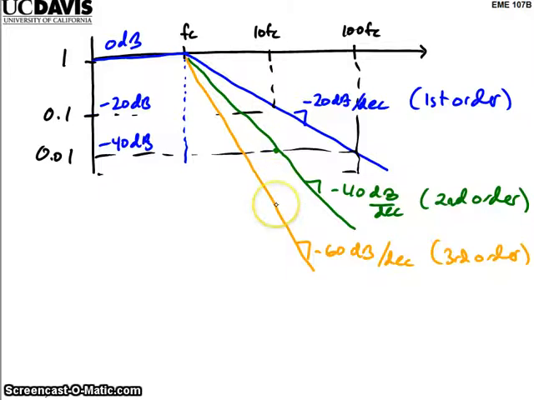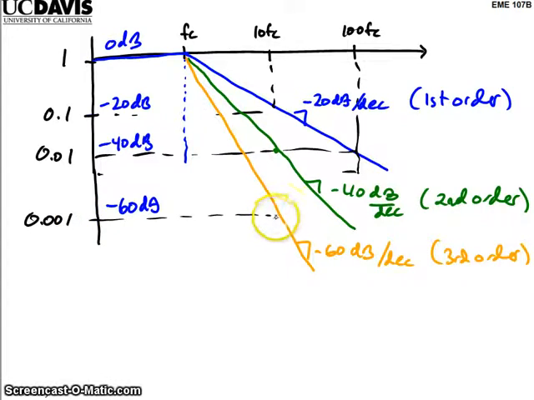At 60 dB per decade, we're at 0.0001, minus 60 dB. See that in blue. So it's 0.1% at 10 times the cutoff frequency.